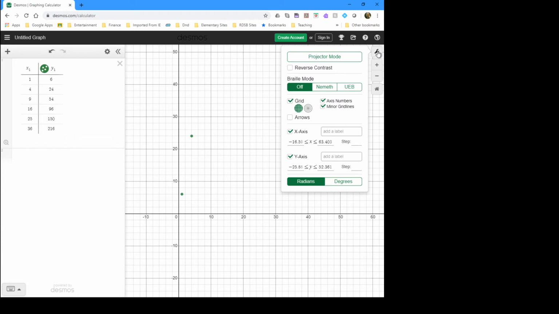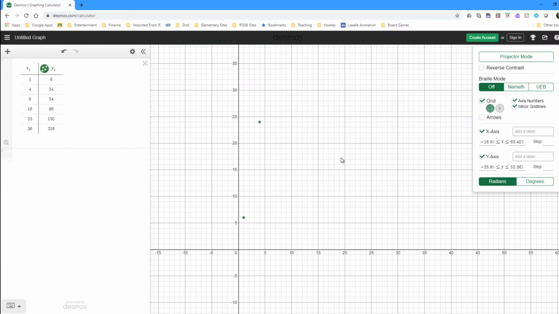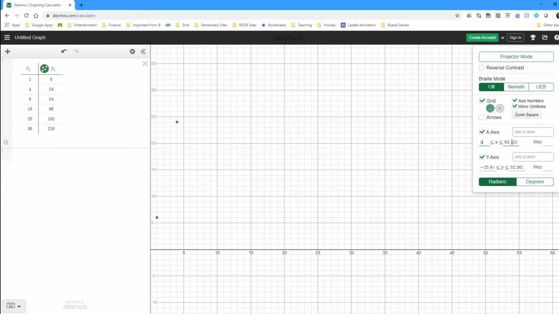If you press on the wrench icon, you can get to the settings table here, and you can see that our x-axis values go from -16 to 63, while our x values go from 1 to 36. So I'm going to change the lower end of the x value here to 0, and I'm going to change the upper end.